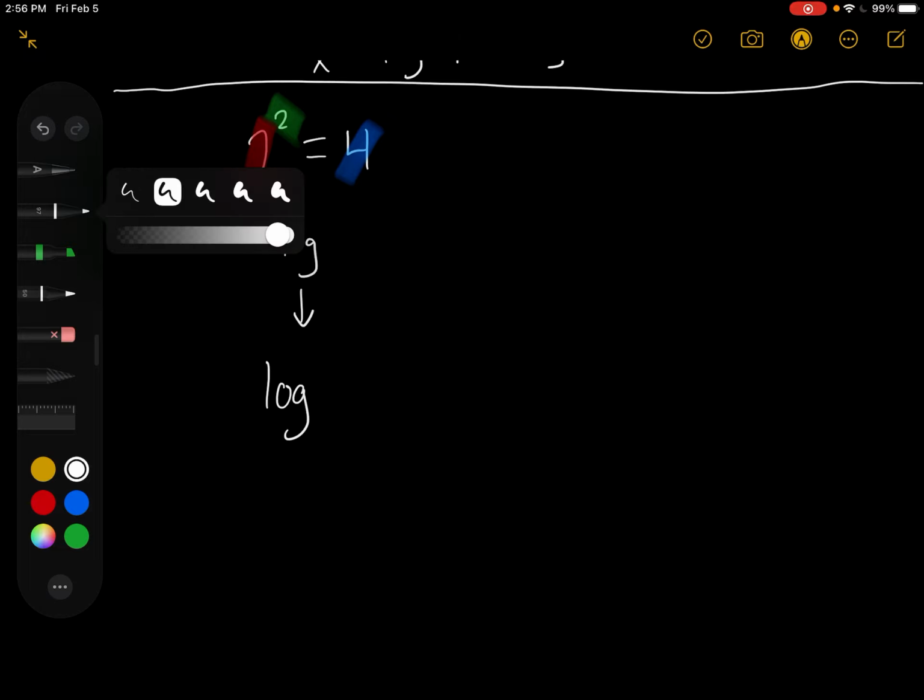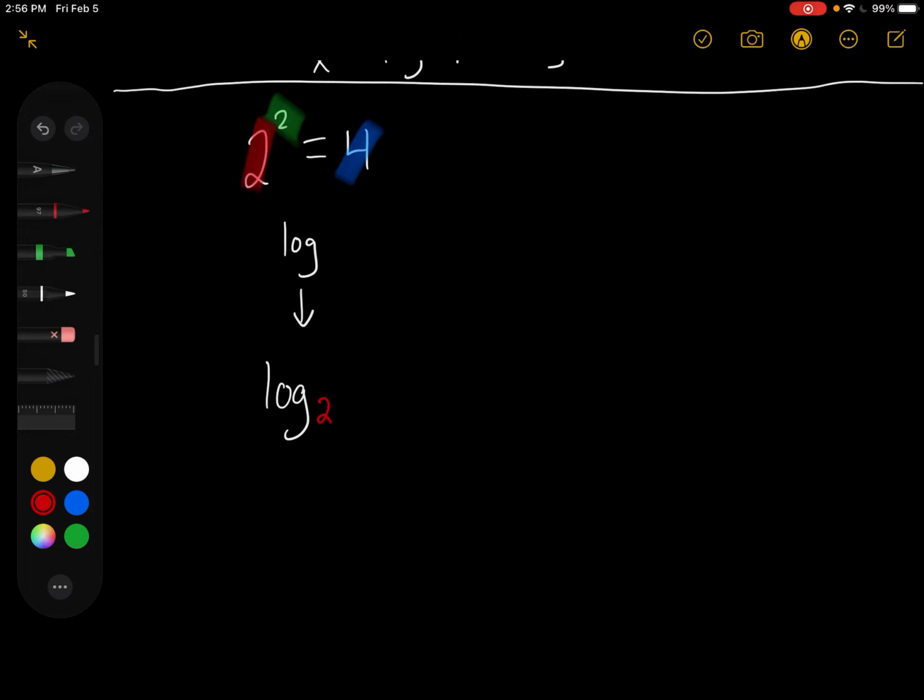So log, our base is 2, so I can even write that in red here. Our answer, 4, goes here, and then the exponent goes on the outside. So 2 equals log base 2 of 4. So that's how we go from exponential form to logarithmic form.